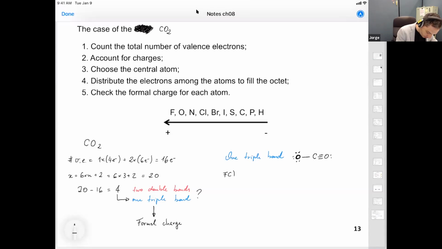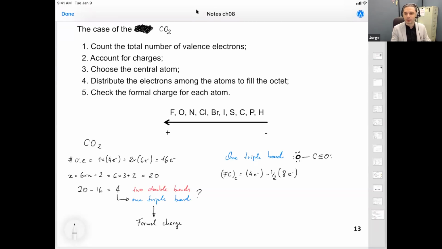Starting here with carbon, formal charge for carbon, we are going to take into account the number of valence electrons for this element, which is 4, minus half of the number of bonding electrons. For each covalent bond, we used 2 electrons. Therefore, carbon has 2, 4, 6, and 8.